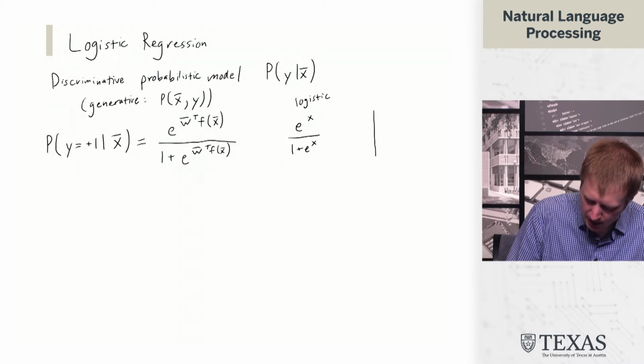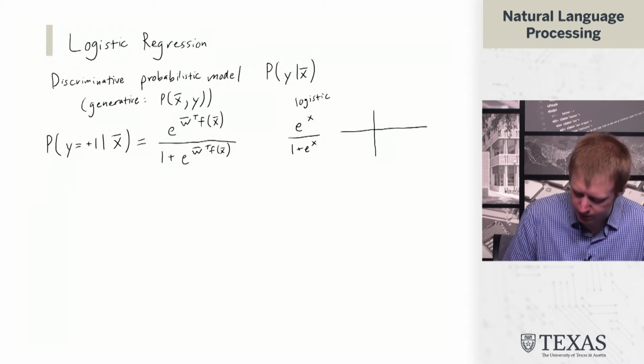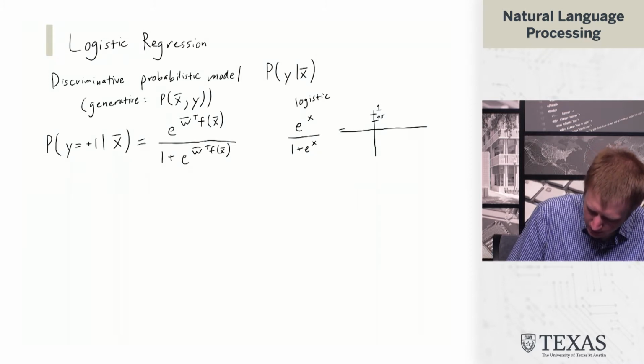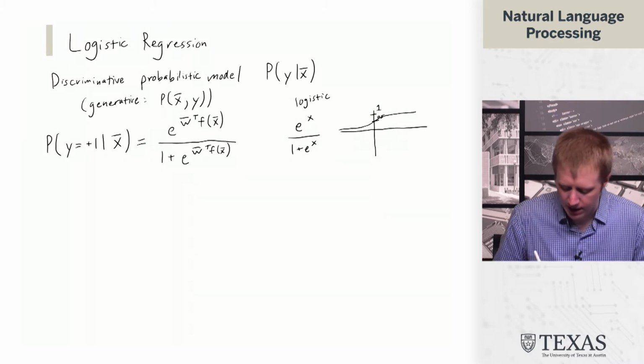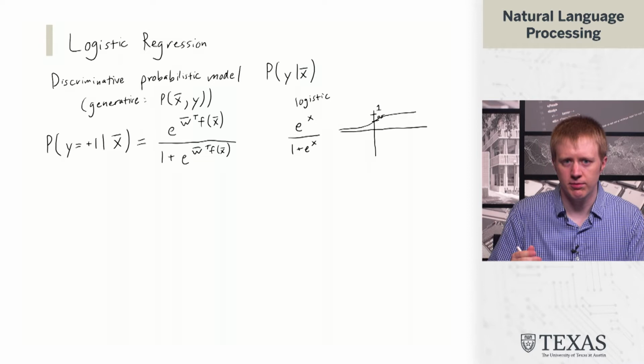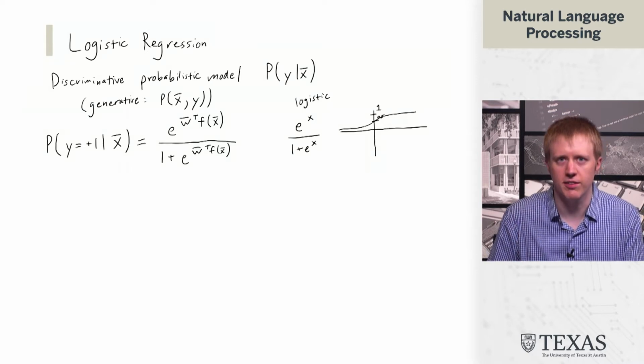And if we plot this for different values of x, what we get is the following. So this is y equals 1. This is y equals 0.5, and we get a kind of curve that looks like this. So at the origin, it takes the value of 0.5.